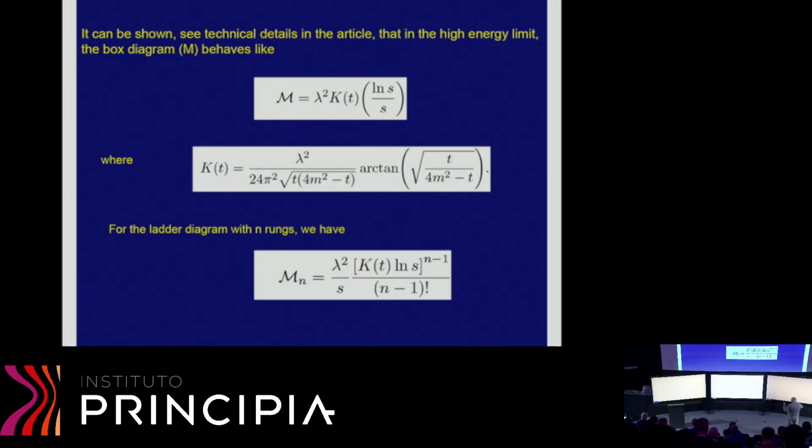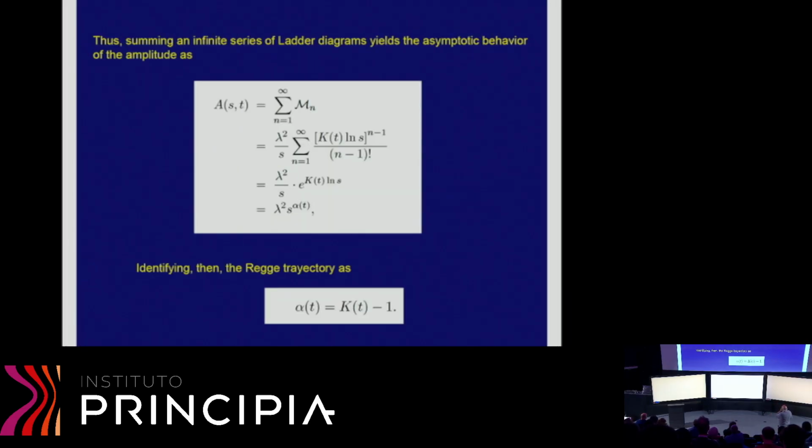And now you have to sum from N equals 0 to infinity, and this is the resummation I mentioned before. And it turns out, as I mentioned, the amplitude of s and t, where the small t denotes the Mandelstam variable, you get this expression, which is precisely of a Reggeized type of amplitude.